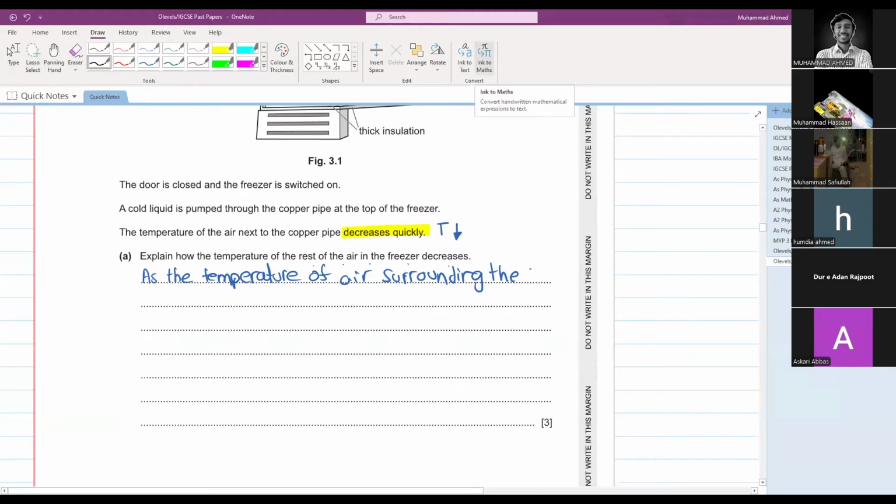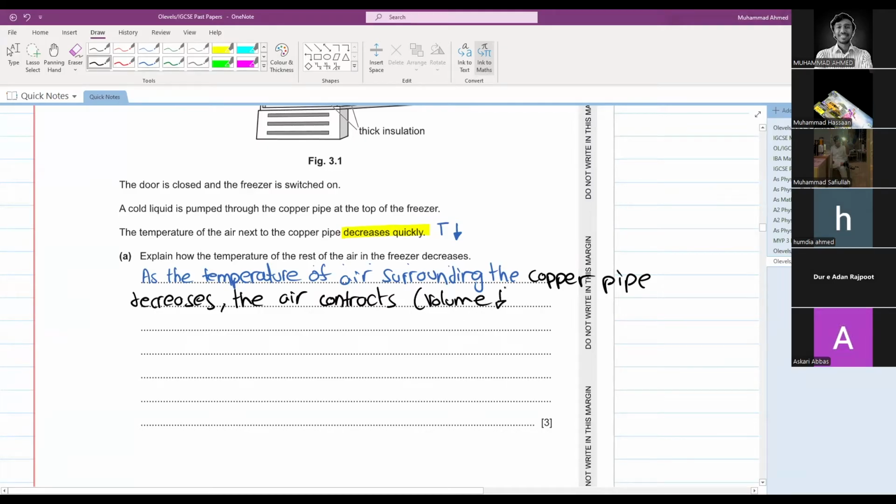As the temperature of air surrounding the copper pipe decreases, the air... जब भी बेटा किसी चीज का टेम्परेचर डिक्रीज होता है, what happens? The air contracts and its volume decreases and its density increases. You will only get one mark for writing this.